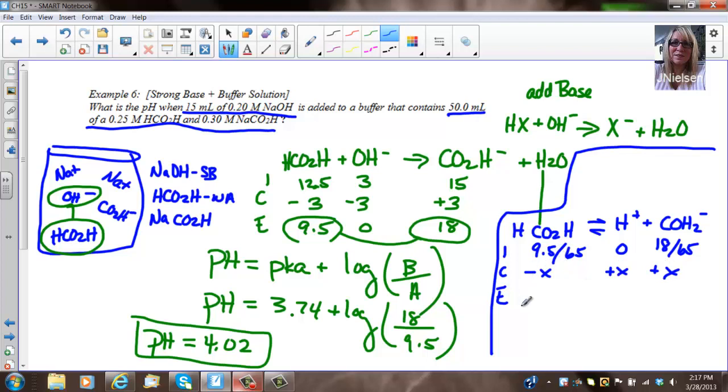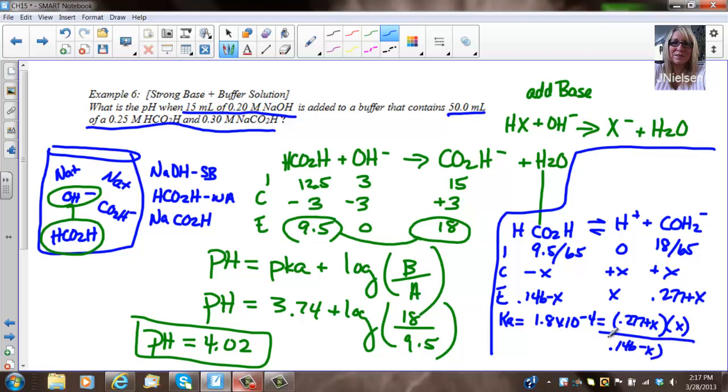This winds up being 9.5 divided by 65 is 0.146 minus X. This is X, and this is going to be 0.277 plus X. Ka is going to be equal to 1.8 times 10 to the minus 4 equal to 0.277 plus X times X over 0.146 minus X. And in solving for X, in my solver, I get 9.48 times 10 to the minus 4.